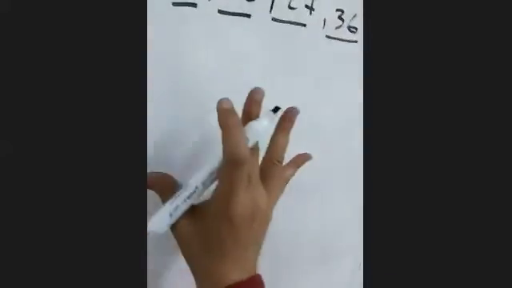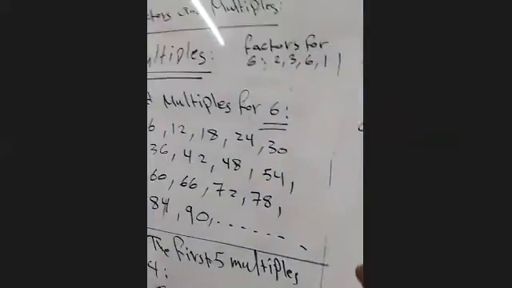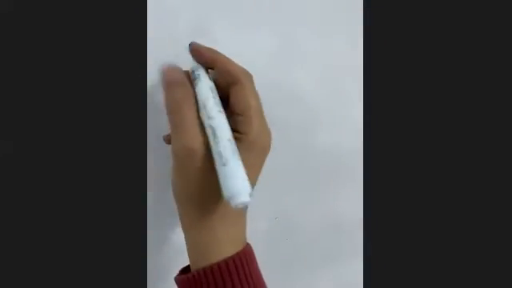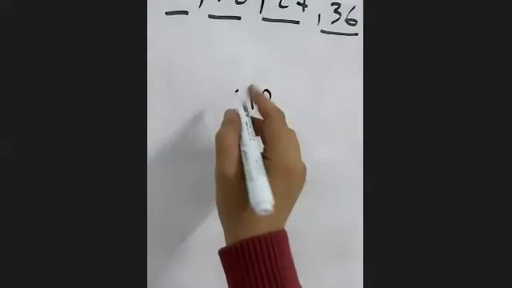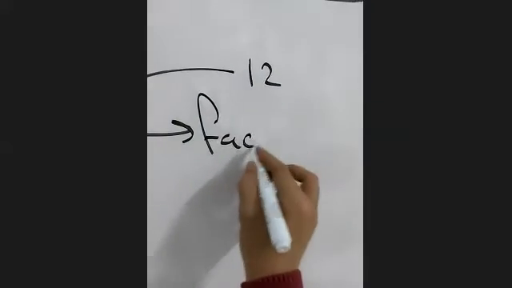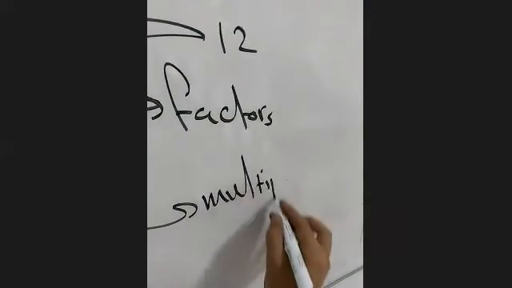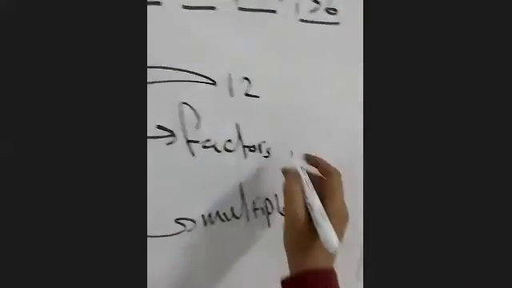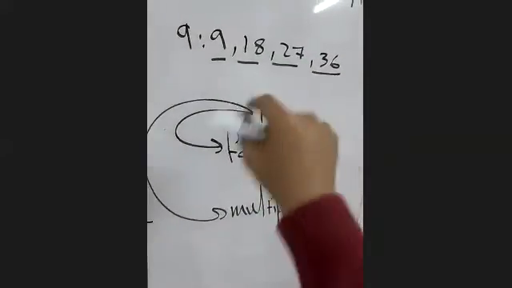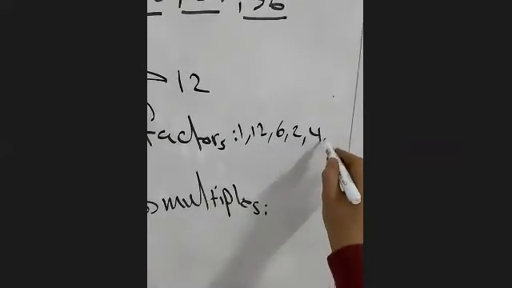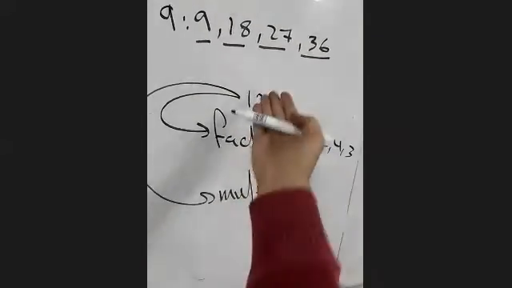Multiples by multiplying. So look here, guys, and focus with me now to understand the main difference between multiples and factors. It's very important. For example, if we have the number 12, I can find two things for 12: factors and multiples of 12. Factors for 12 are two numbers that, if you multiply them, you get 12: 1 and 12, 6 and 2, 4 and 3. We call them factors for 12.